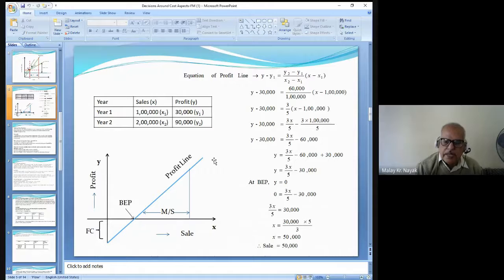Fixed cost is positive, but you have to bear it even when your sales is 0. You get the point, Sushmita? Yes, sir. You were looking at the picture and saying fixed cost is negative. Fixed cost is not negative. Therefore, if sale is 0, what is your loss or profit?